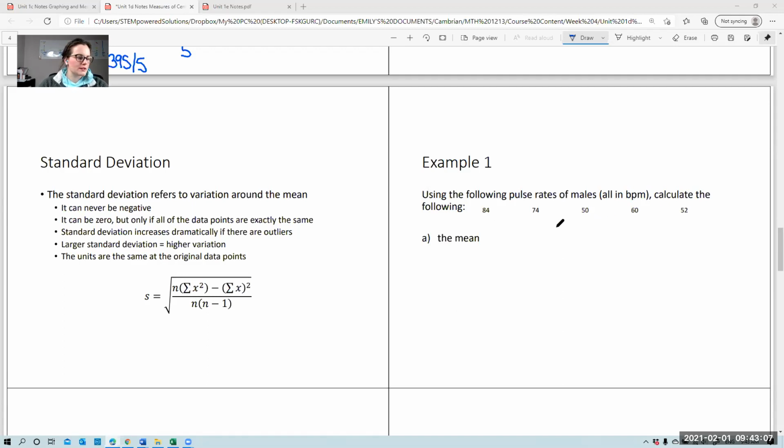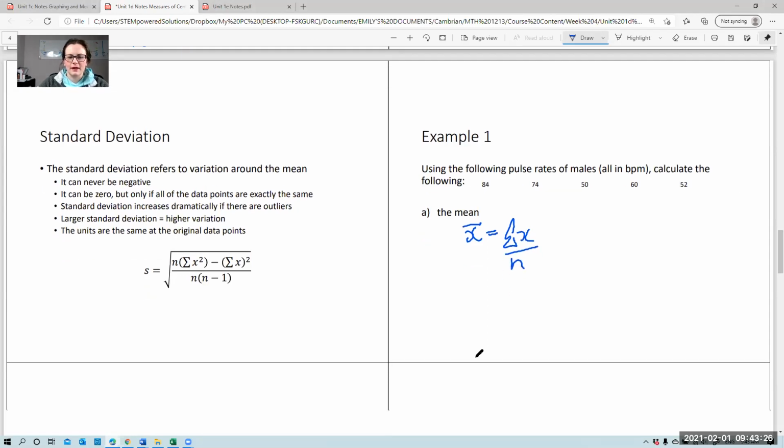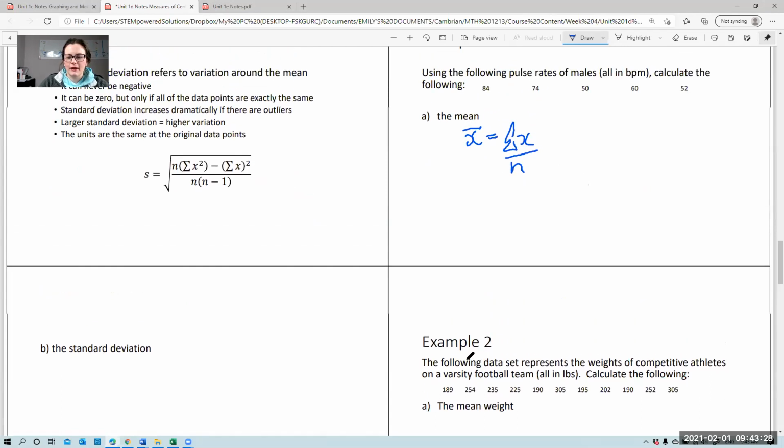So write those numbers down. And remember, the formula for mean is x bar equals the sum of all x's divided by the number of x's. Actually, I'm not going to do breakout rooms. It'd probably take too long for that.